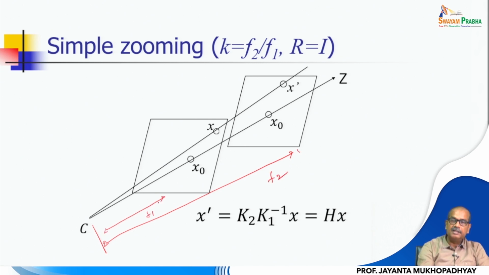So, it is a parallel image plane. Image planes are parallel, they are moving because there is no rotation of the corresponding image axis. So, in this case, you can show that the rotation matrices R2 equal to I and R1 also equal to I, and the camera center remains the same. So, from the previous relationship itself, we can see that the corresponding homography becomes more simplified, as K2 K1 inverse.